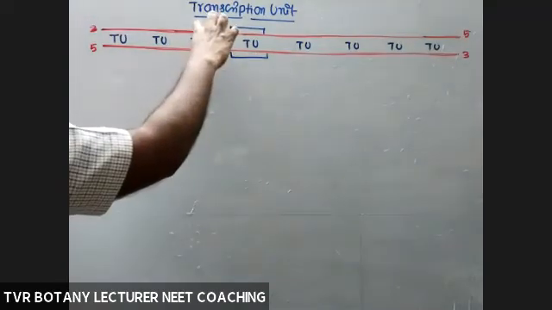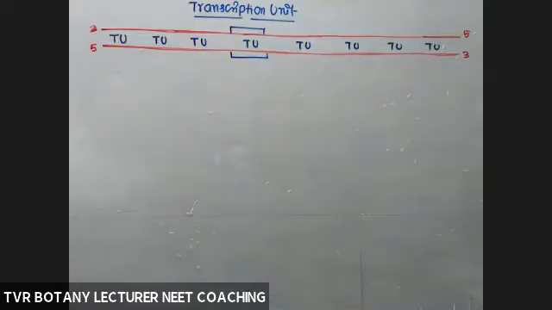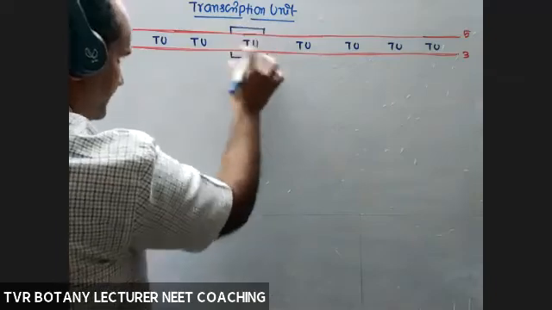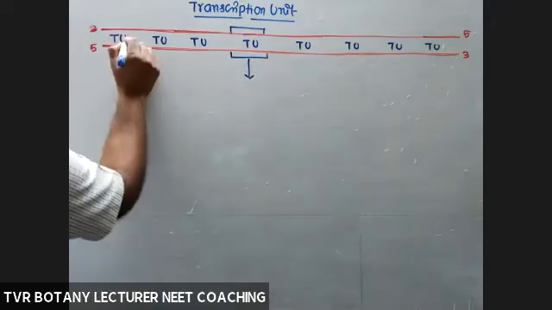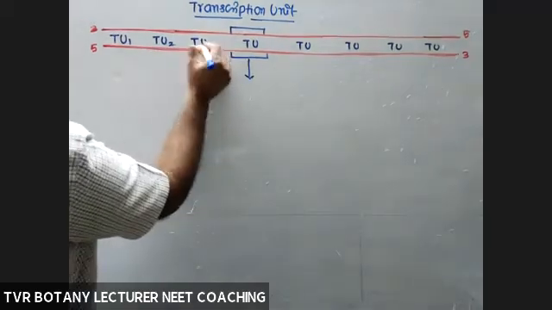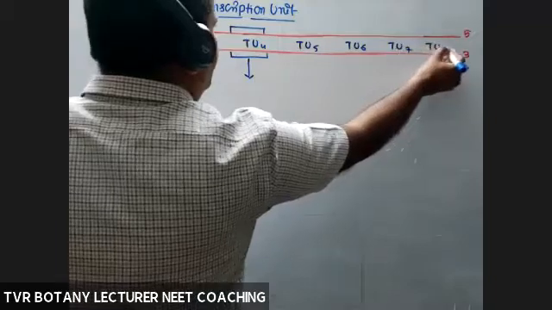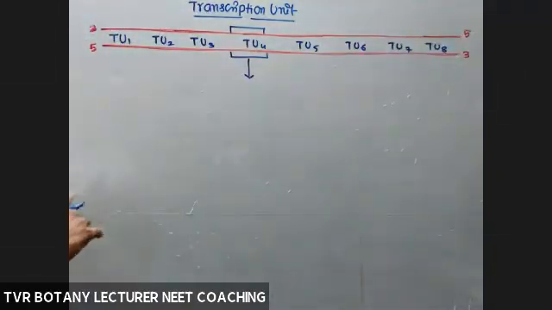This is also one segment of DNA. Take one transcription unit. This area, magnify it. Transcription unit 1, 2, 3, 4, 5, 6, 7, 8, N number. Take the fourth one. Here I'm taking the fourth one.